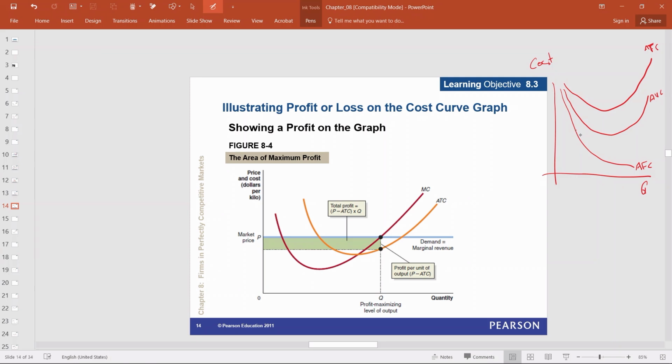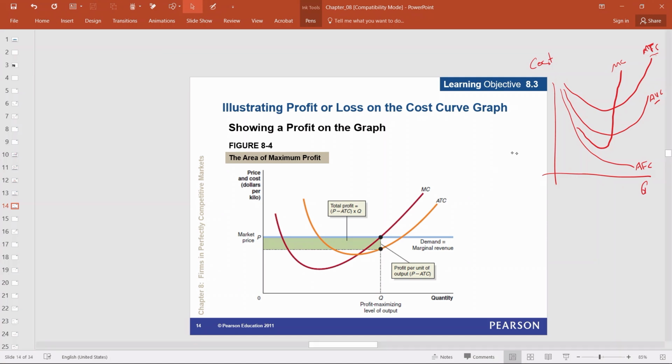And you remember that marginal cost intersects the minimums of the average variable cost and average total cost. So this is marginal cost.